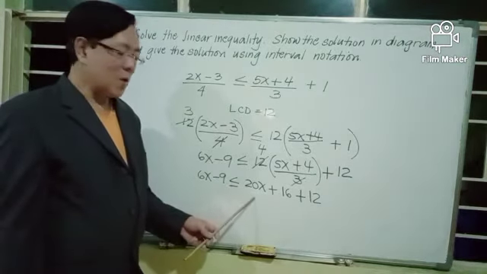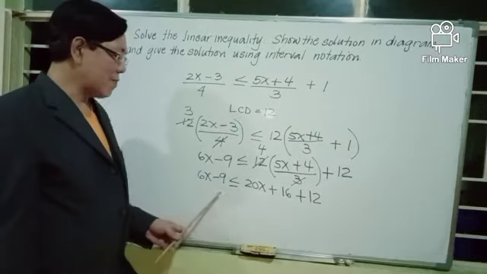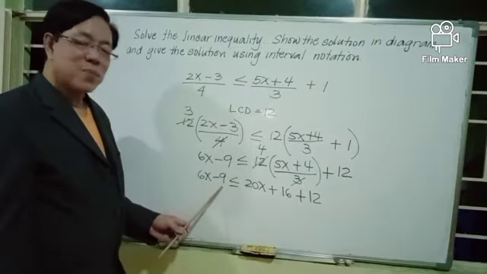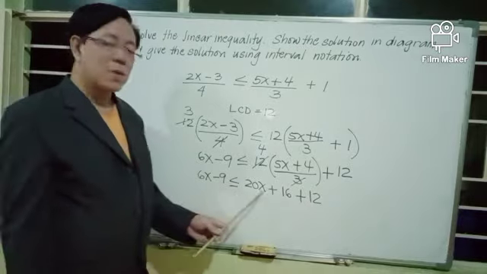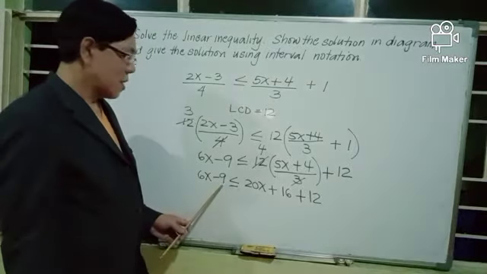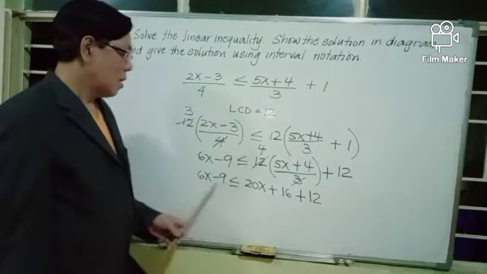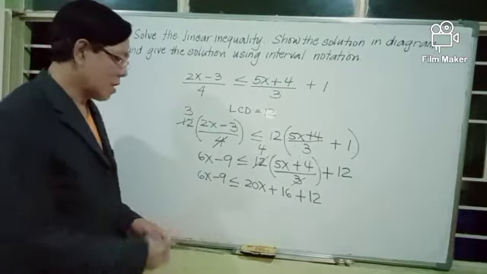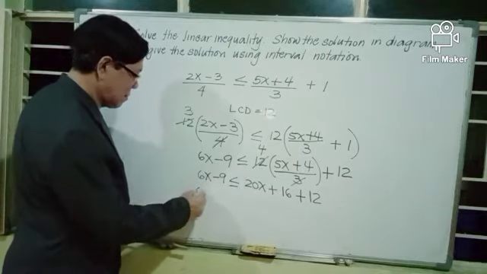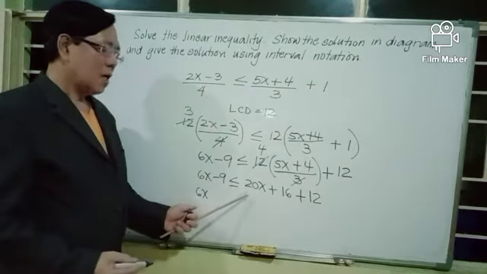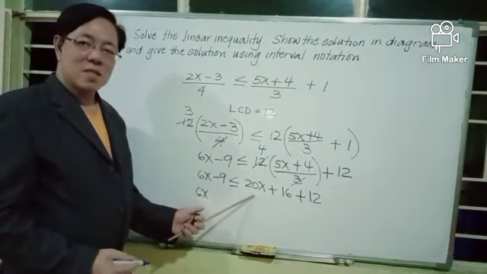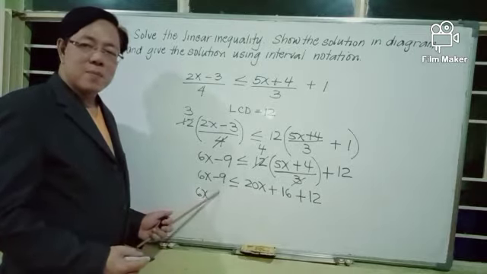For this example, we transpose 20x to the left and we transpose minus 9 to the right, so that all the constant terms are at the right hand side of the equation. At the left hand side, we have 6x and 20x, that's positive. We transpose to the left hand side.